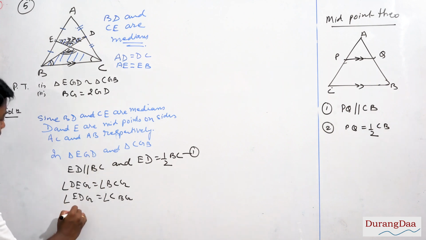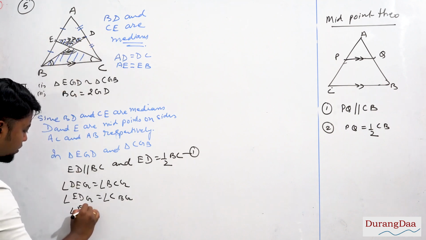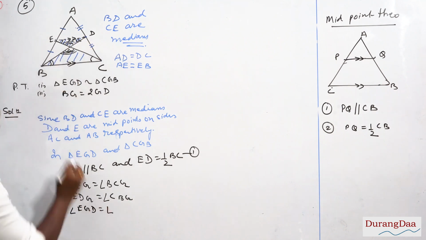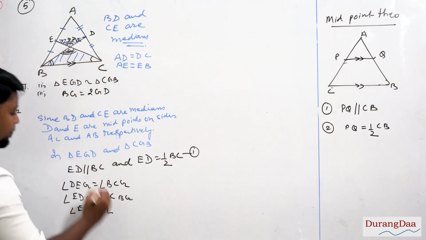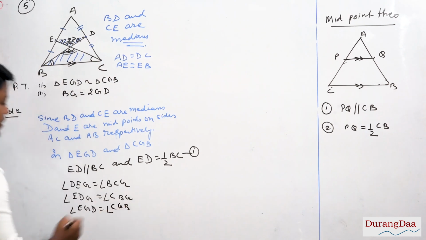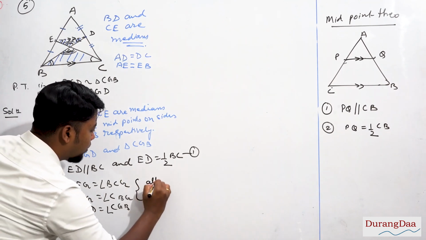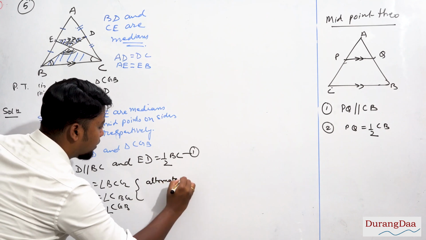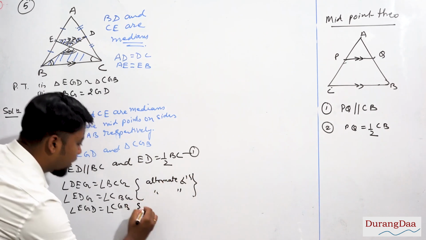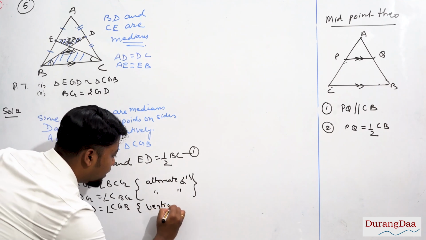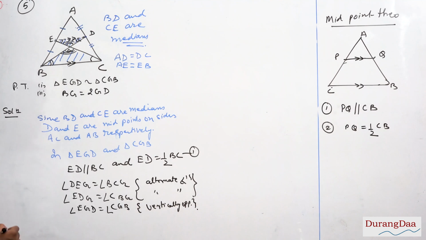And last one would be angle EGD. Angle EGD should be equal to angle CGB. For these two, the reason is alternate angles. All right, and for this one, vertically opposite angles.